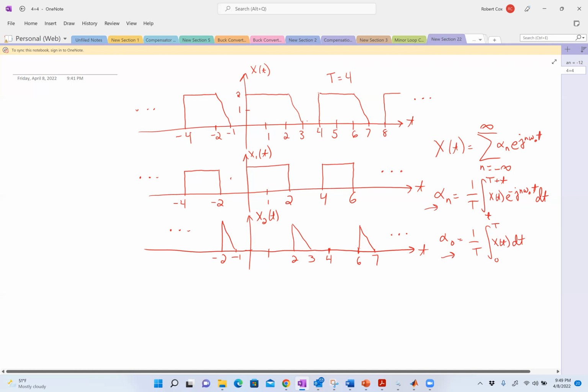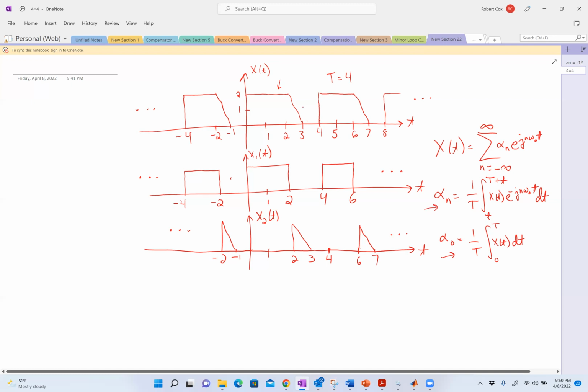But the thing that I see here is, when I define what the function x of t is over a period, over part of the period I have a flat line that's x equal to 2. And then for part of the period, I have a line that's falling off.